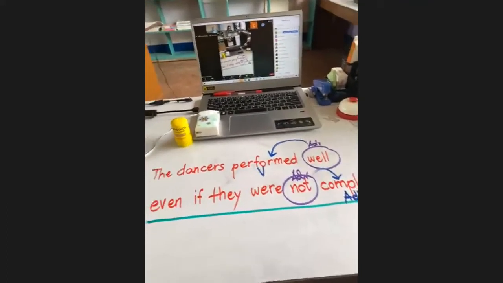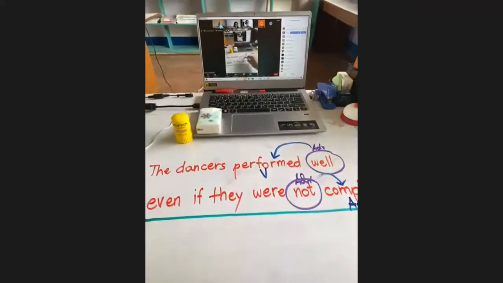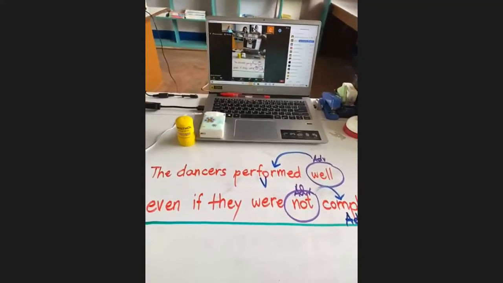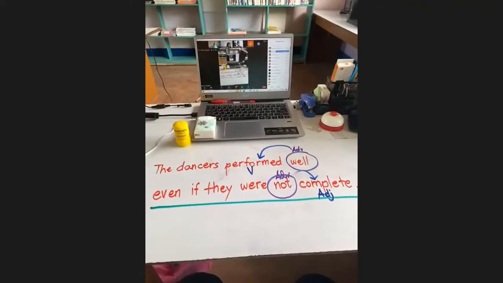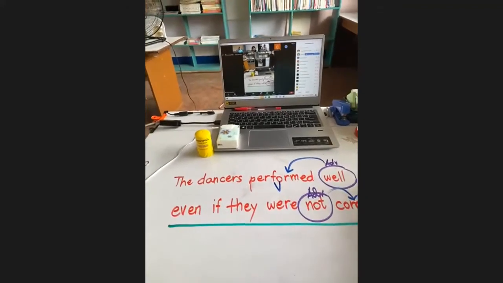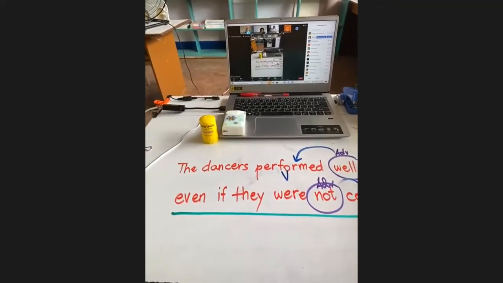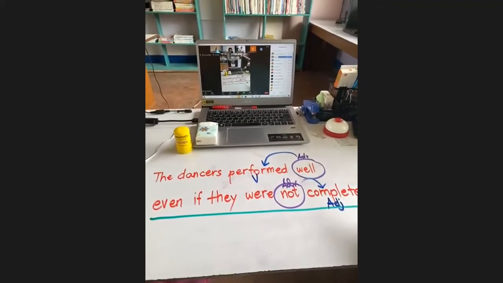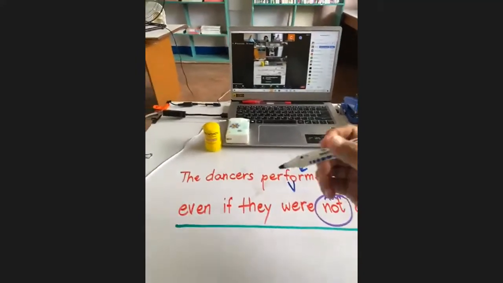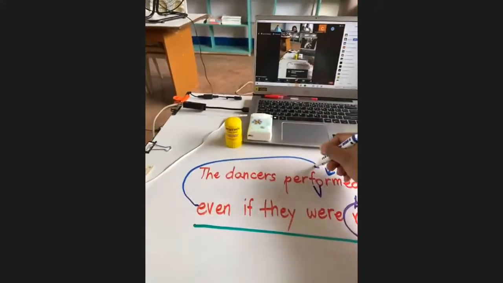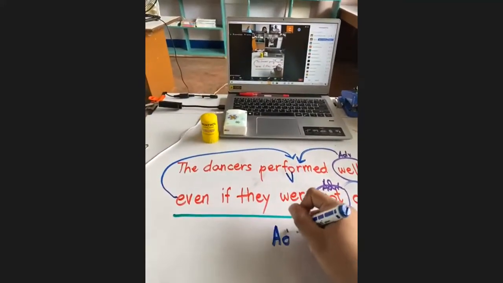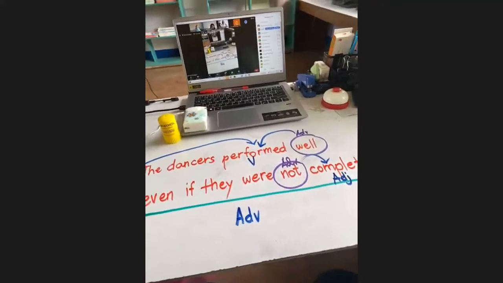Again, as defined, adverbs may modify verbs. They may also modify adjectives. What about this clause? Even if they were not complete, what is it trying to modify? Juliana. Performed, correct. So this goes back to performed, which is a verb, making this an adverb as well.